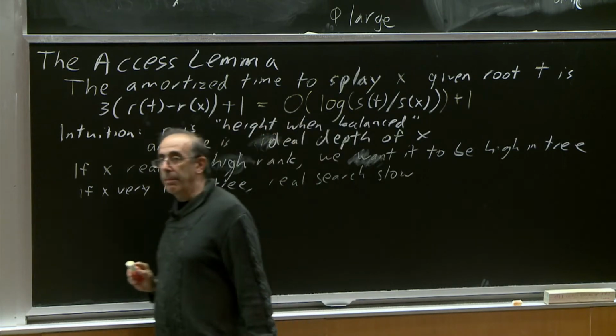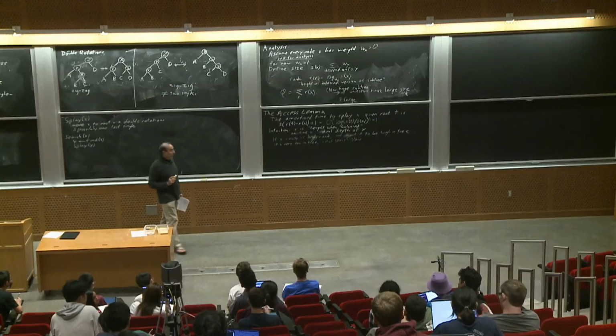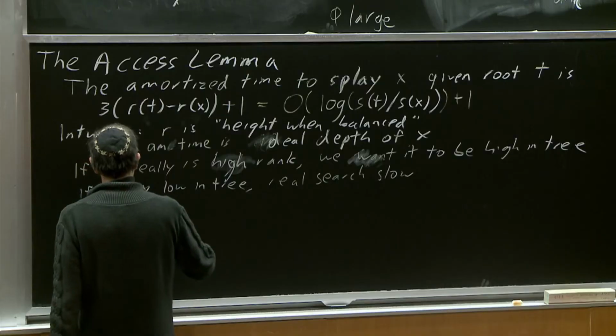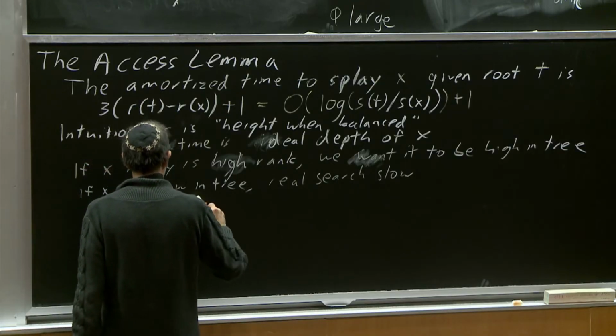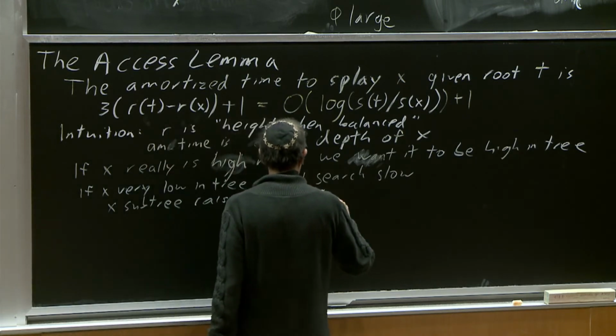But why is that okay? How do we pay for this slow real search? Yeah? The potential changes enough to make up for it? Exactly. And the potential changes in the right way. The x subtree is raised by the rotations.